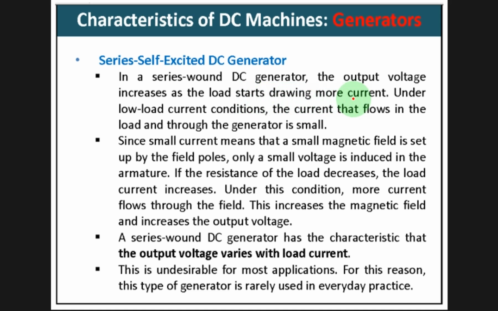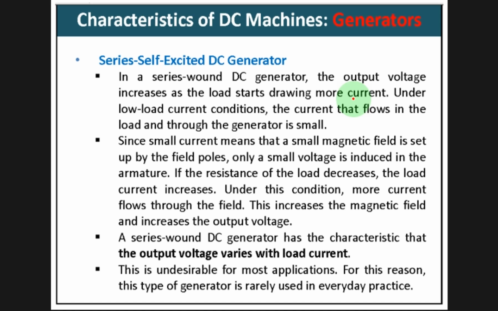So in the series wound DC generators, if the current is going up, then the output voltage will also go up. Under low load current conditions, the current that flows in the load and through the generator is small.